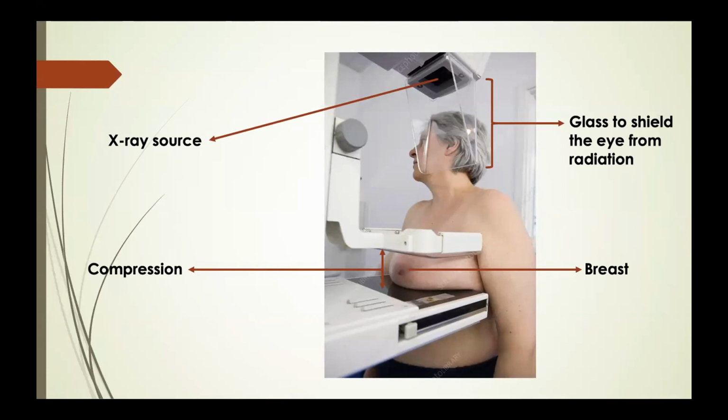I'm not sure I have the right word, and maybe I will talk about it later, but it's one way of reducing exposure so that we don't have to use too much X-ray to image the breast and still get a very good image.